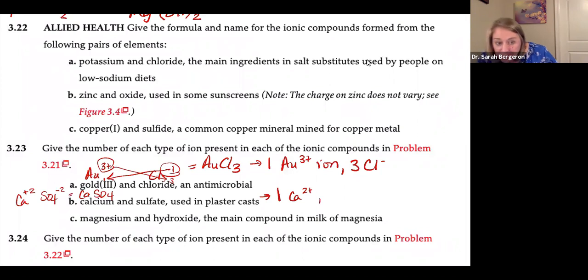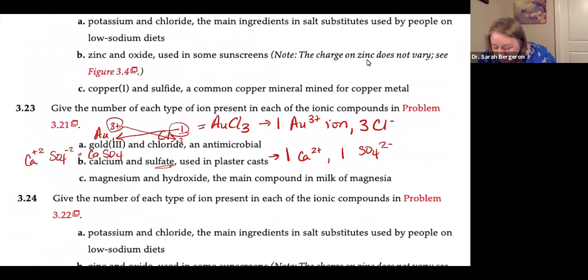Now be careful here, that SO4 is a polyatomic ion. So you're gonna have 1 SO4 2 minus, and SO4 is, you have to go find it, but you have to know that that's sulfate. So be able to find sulfate on a table. So you have 1 calcium ion and 1 sulfate ion.